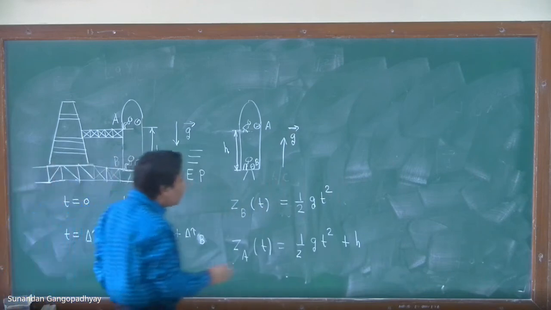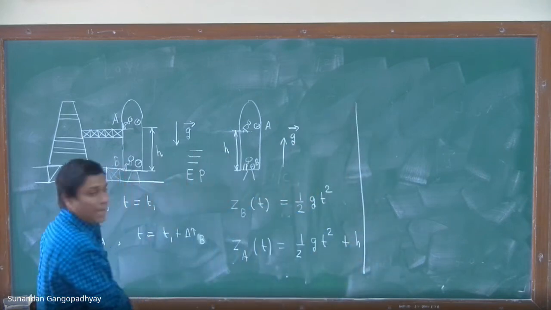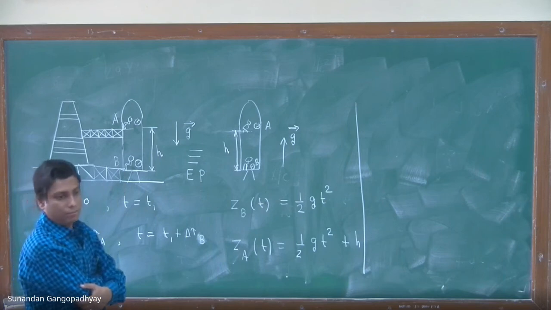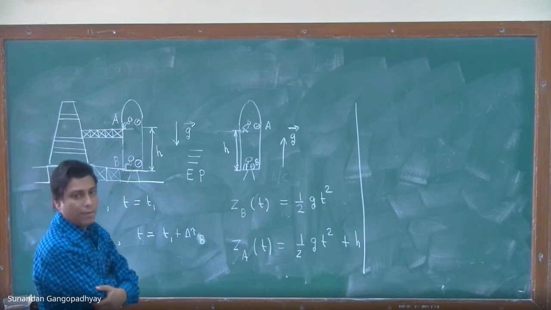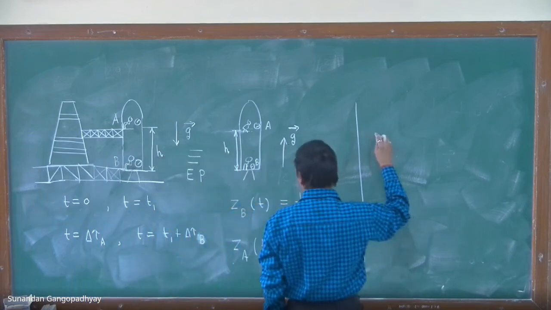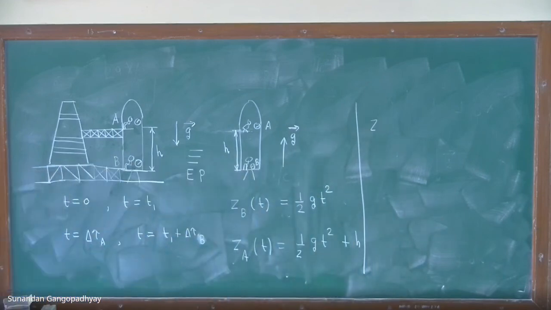So now with these equations, let us calculate the distance traveled by the first pulse. So what will be the distance traveled by the first pulse? Just see the sign. The sign is quite important.